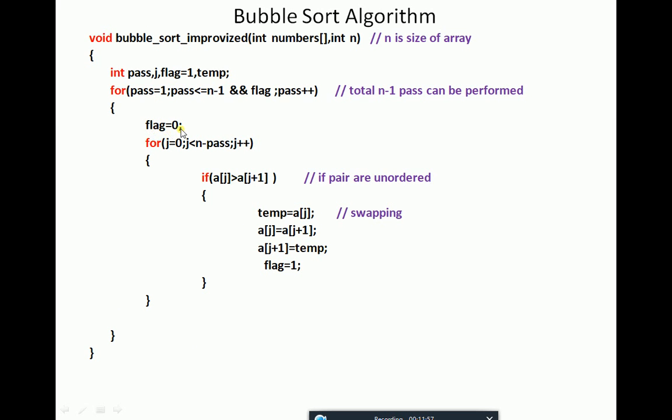But if our flag is 0 in the whole pass, no swapping has been performed, so the flag never becomes 1, it remains 0, and when it goes outside the loop to the exit condition, the loop will terminate. So we say that this is the improvised version of bubble sort.